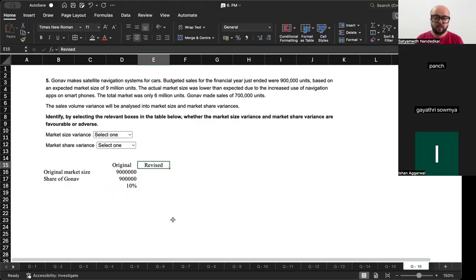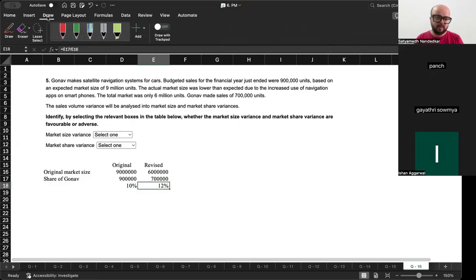The updated actual market size was lower than expected. Total market was only 6 million units, and sales done were 7 lakh. So I guess it is a favorable market share. Agar main bolun to favorable hai, because you were projected to have a market share of 10%, but you had a market share of 12%, so that's favorable.